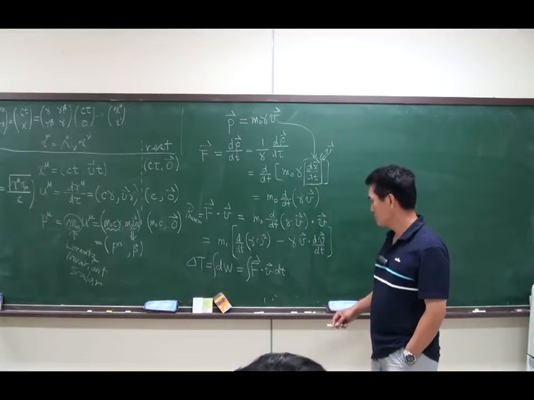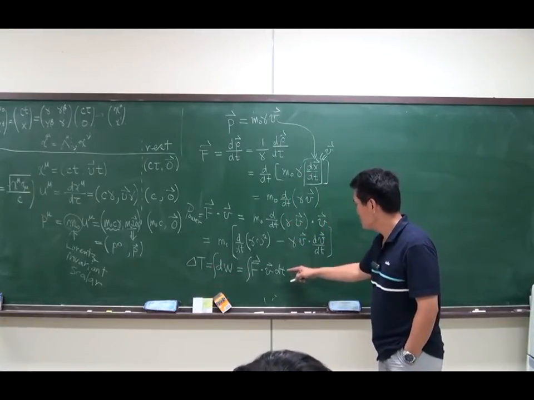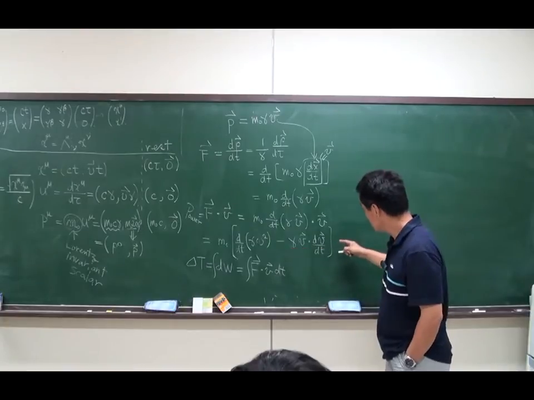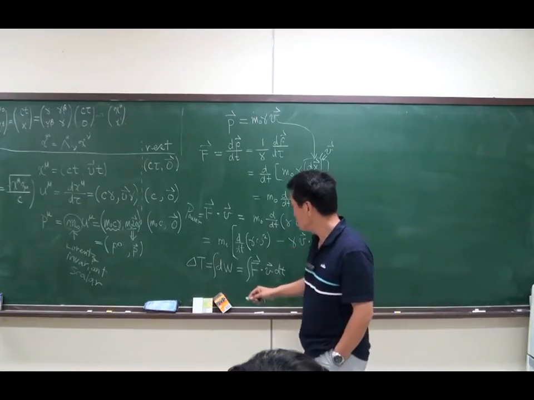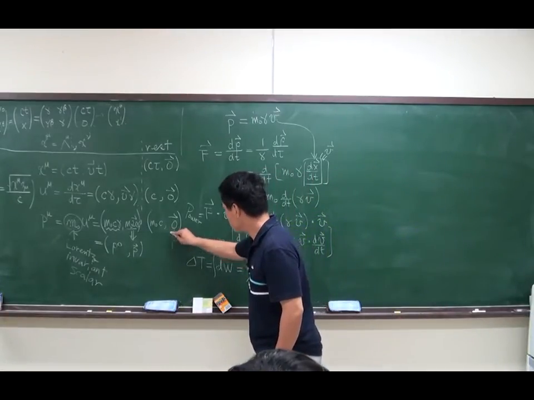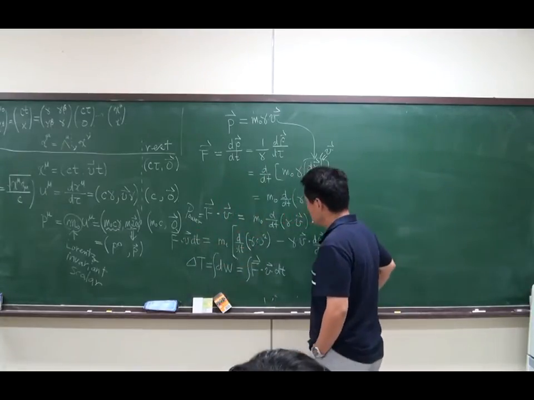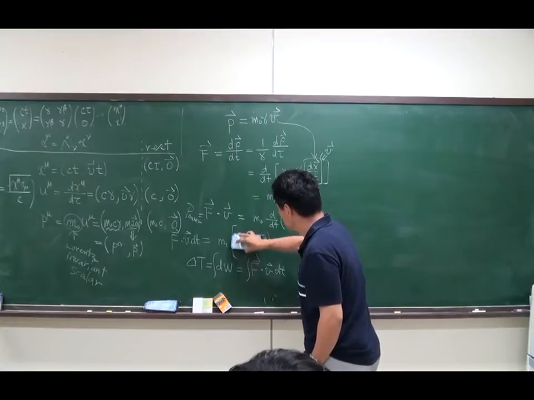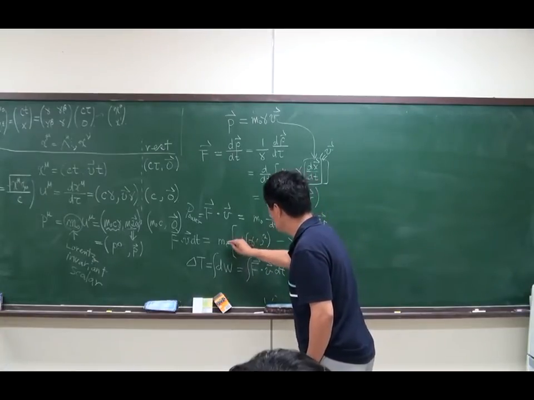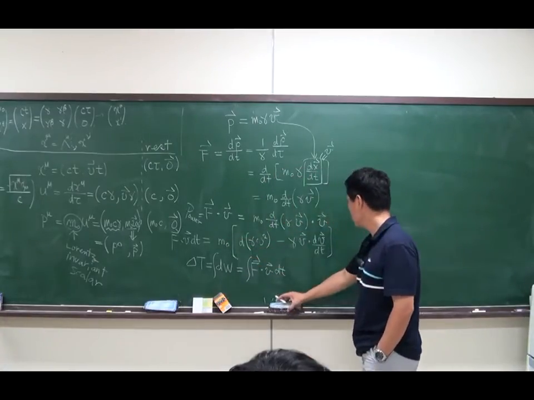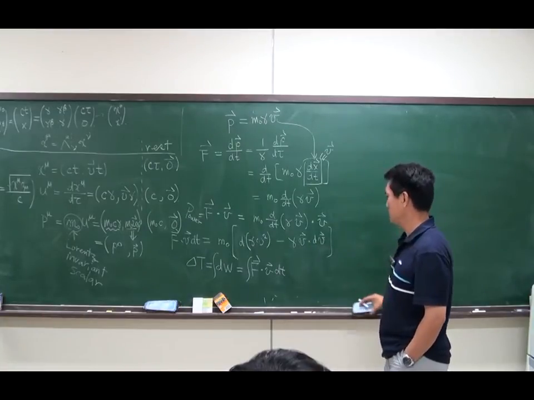So the change in the kinetic energy can be expressed like that. If I multiply by dt, then it becomes the total derivative of gamma v squared and this.